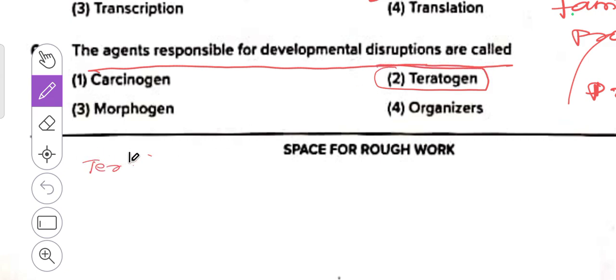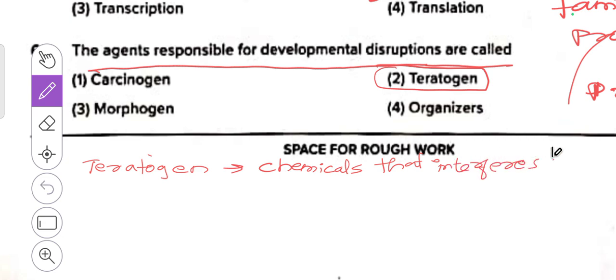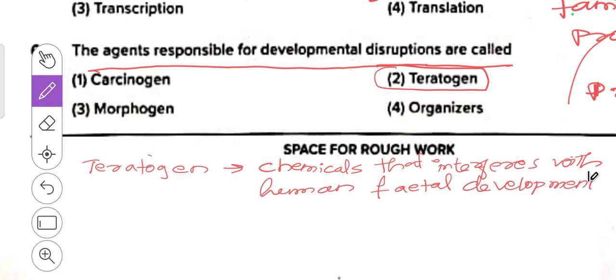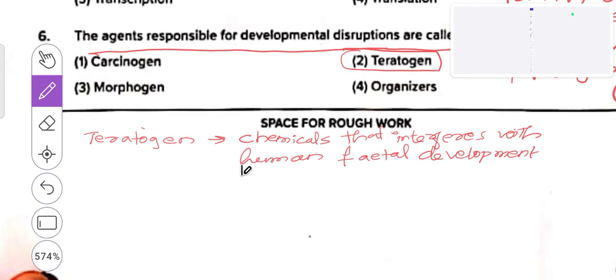These are chemicals that interfere with human embryonic or fetal development, and commonly may be mercury or alcohol.